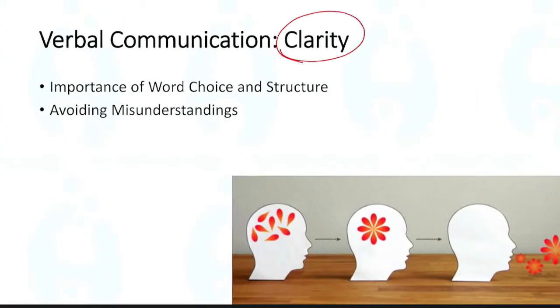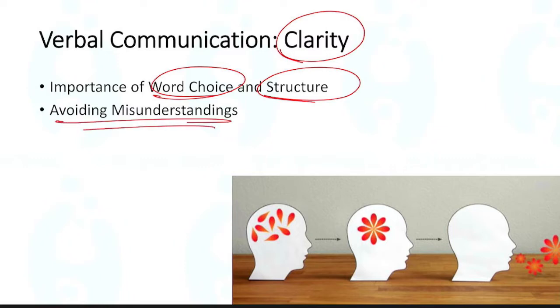Clarity: I've mentioned the choice of words and the structure of sentences, which will help in avoiding misunderstanding, and ensure the message is understood by the person who receives the information as the sender had intended. Okay, so the clarity should be there in the sender's mind.